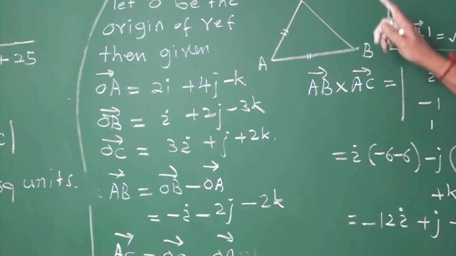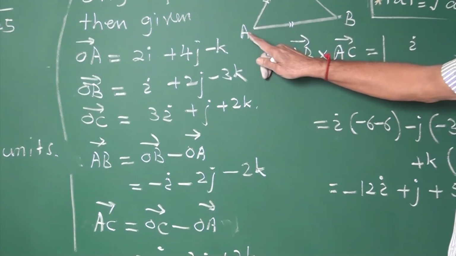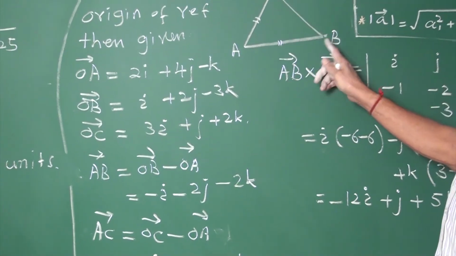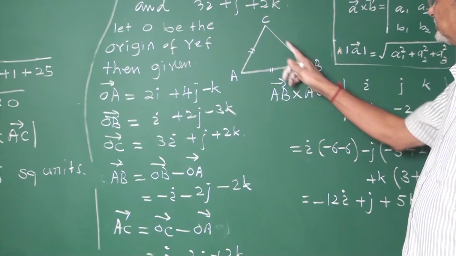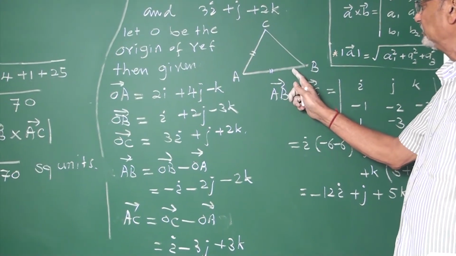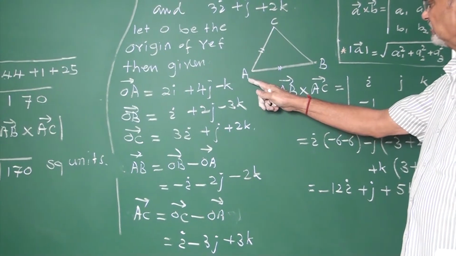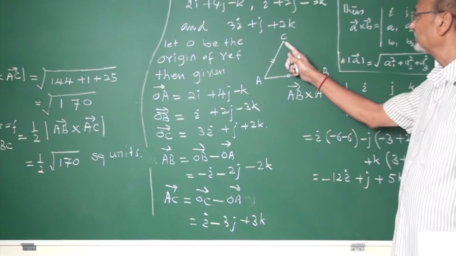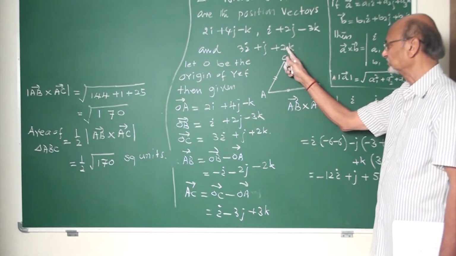Yes, my friends, in this case, position vectors of the vertices are given. ABC are the vertices of a triangle ABC. Position vectors of ABC are given by these vectors.